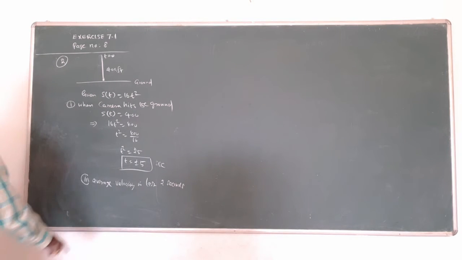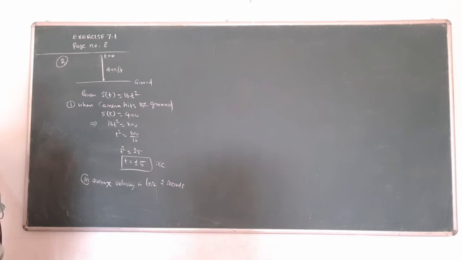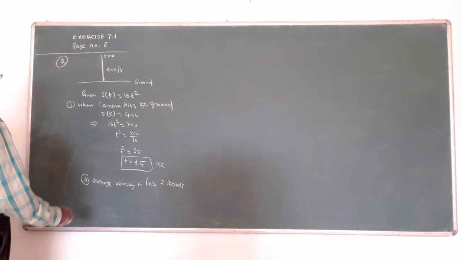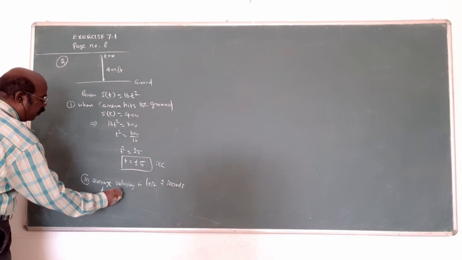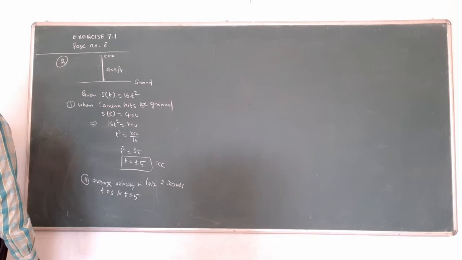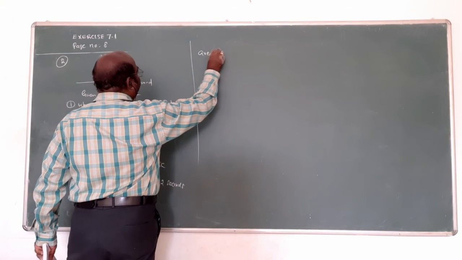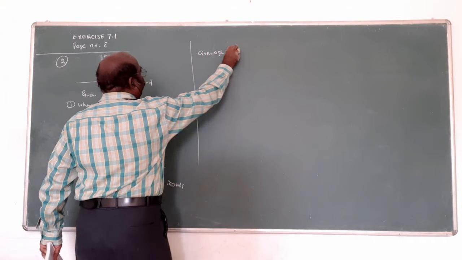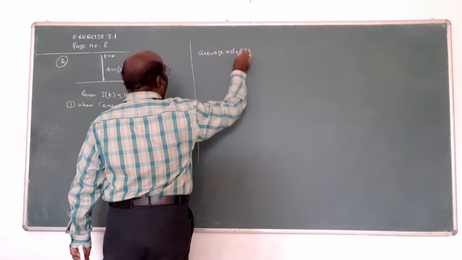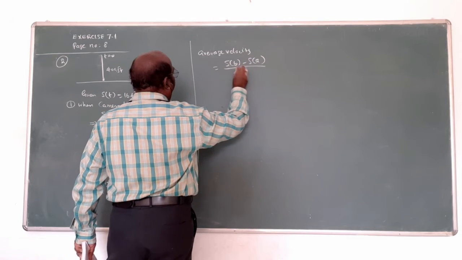Last 2 seconds: we got 5 already given. 2 seconds difference, last 2 seconds means t equal to 3 and 5. Now what is the formula? Average velocity is the formula. Average velocity equal to s of b minus s of a.